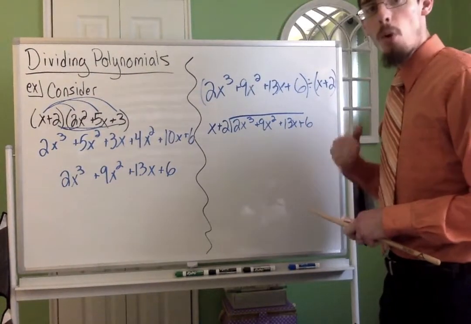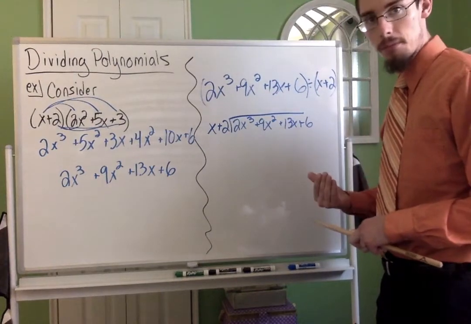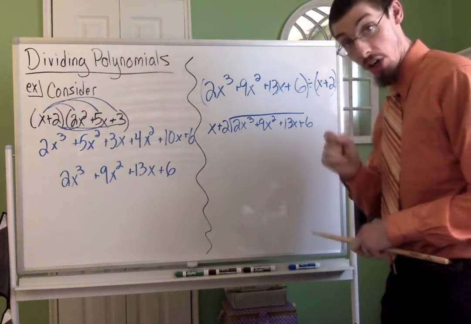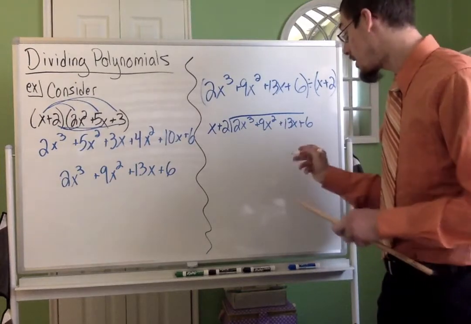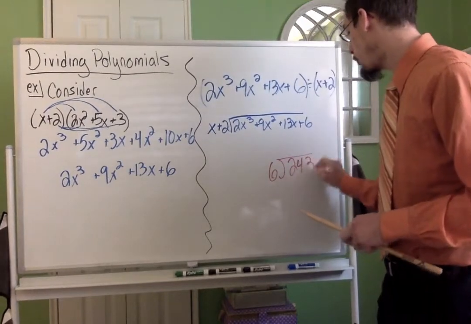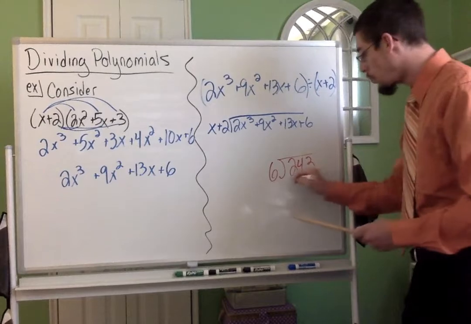So, in order to work this problem out, remember what we did before. We divided a part of the problem, right? Like when it was 6 into 243, I took the 24 only, right?